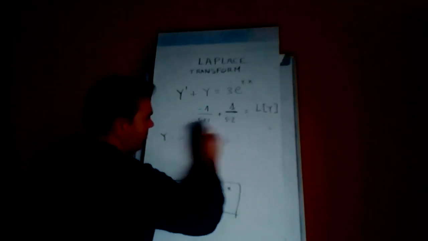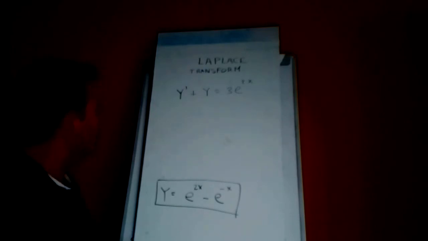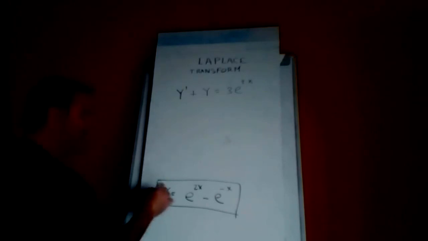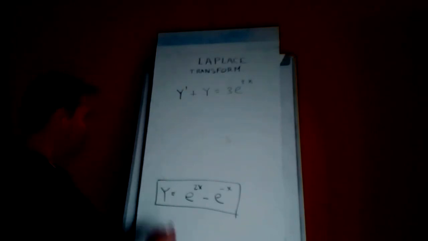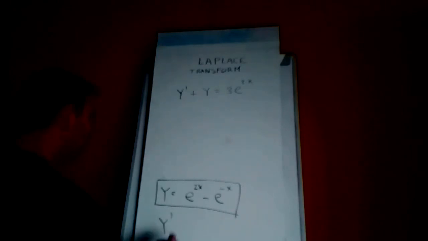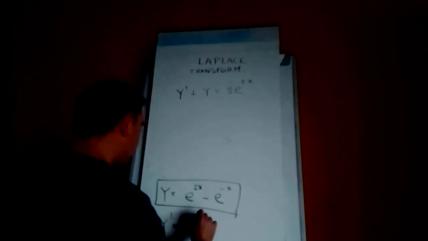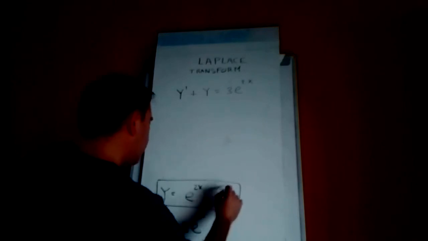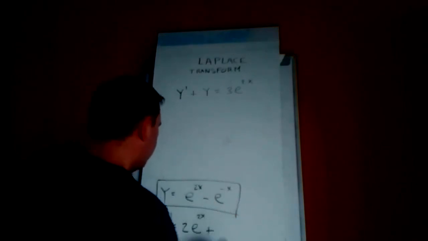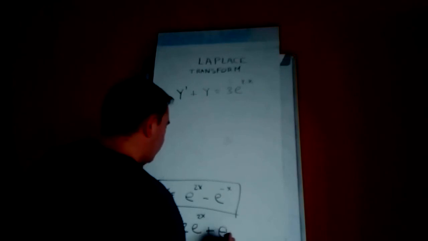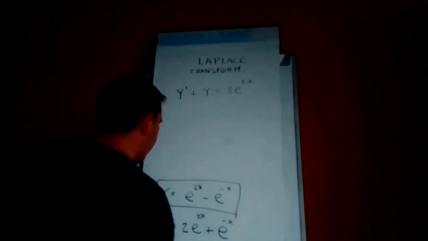It should be convenient to prove that. To prove it we just substitute: we derive this guess of the solution. Using derivatives, y prime equals 2 times e to the 2x, minus times minus is positive, plus e to the minus x.